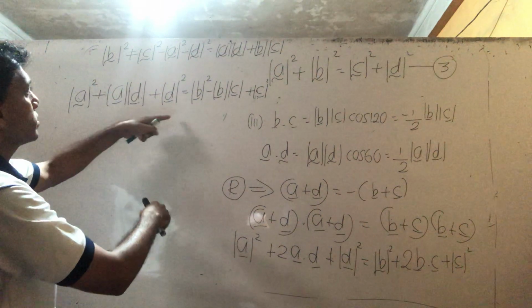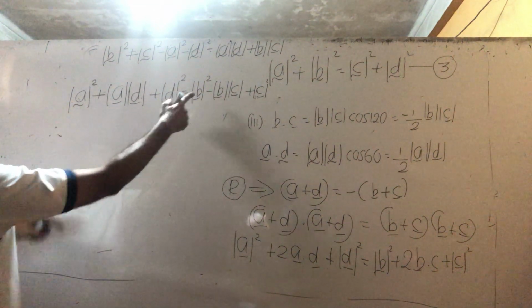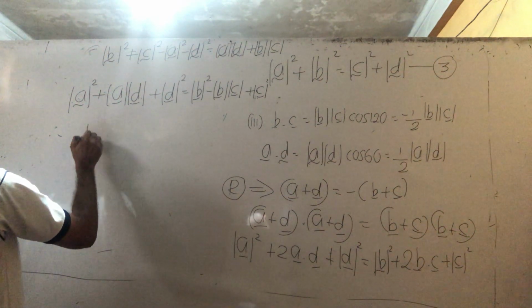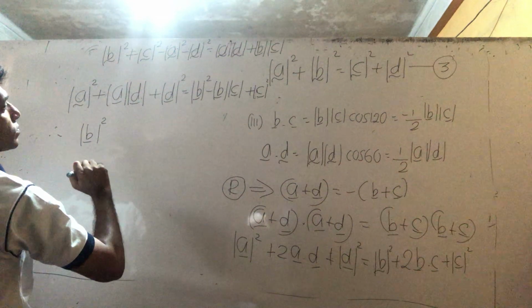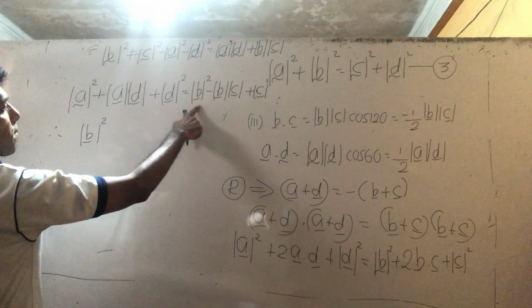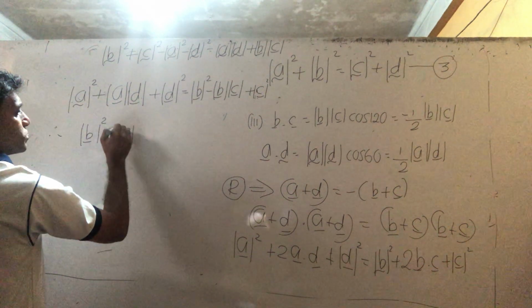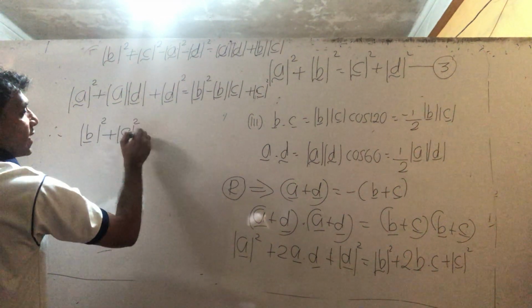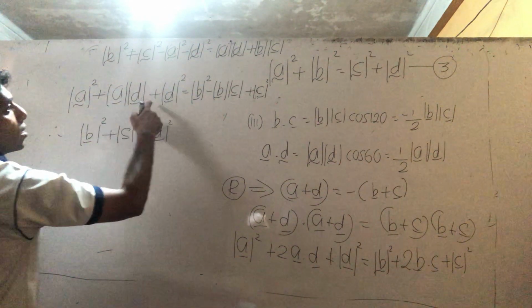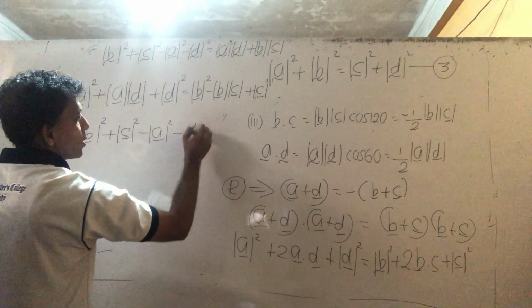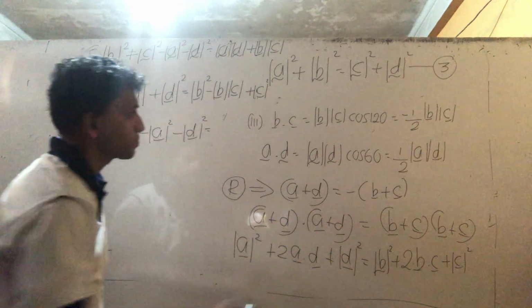Rearrange. So therefore, B square plus C square minus mod D square minus mod D square equals the other two.